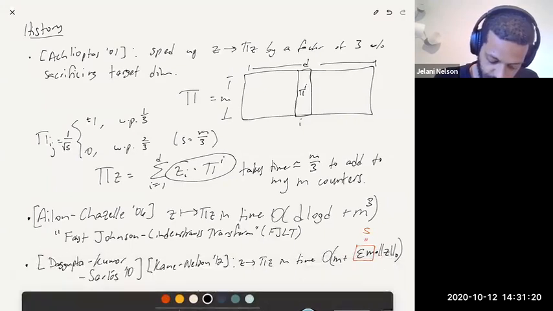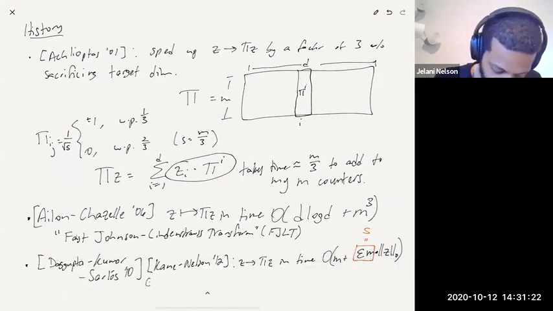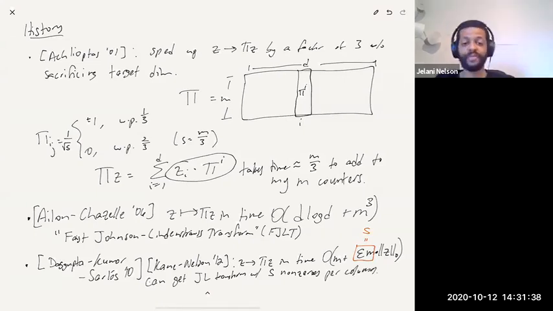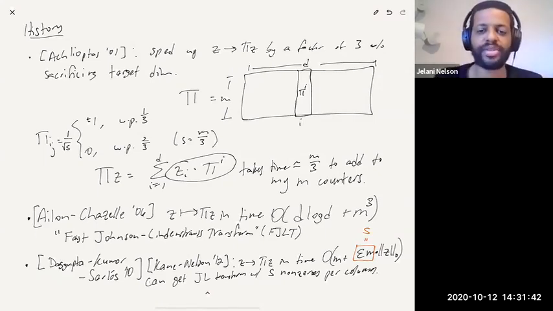What we show is that you can get a JL transform with s non-zeros per column. So pi itself is sparse, like Achlioptas, but even sparser.